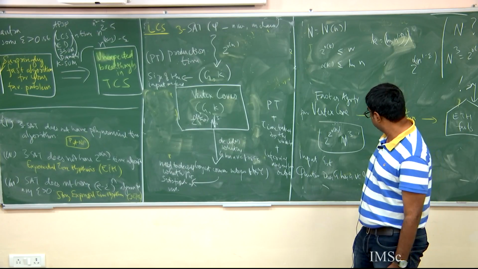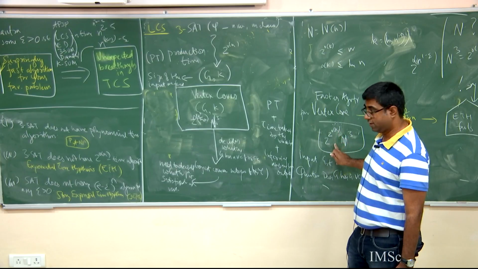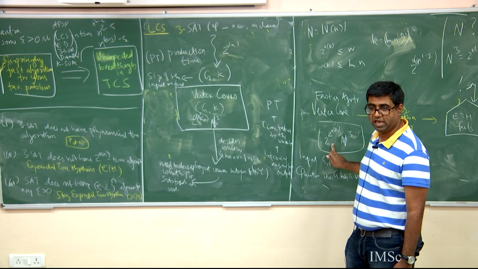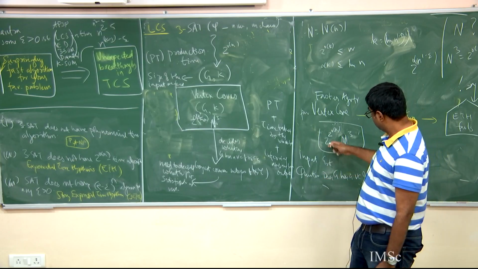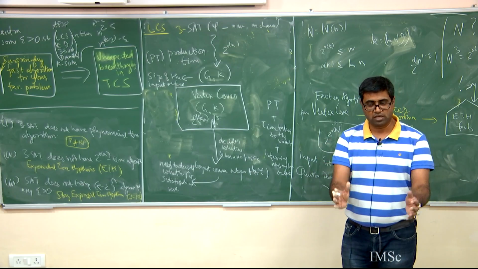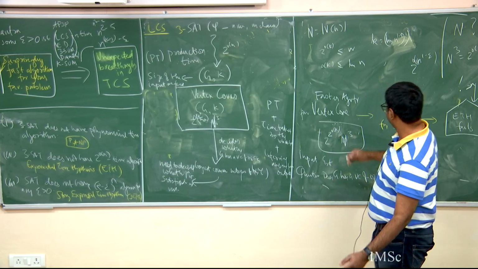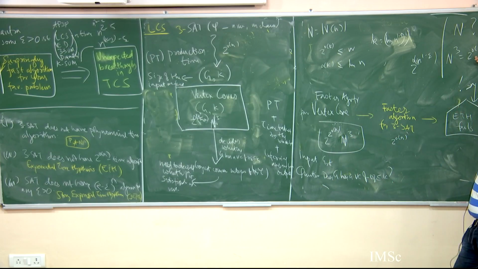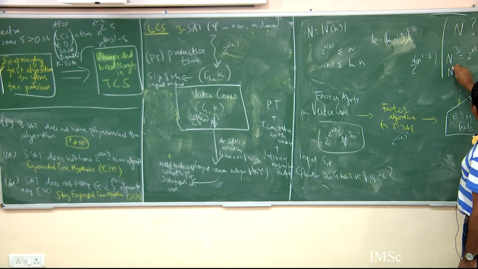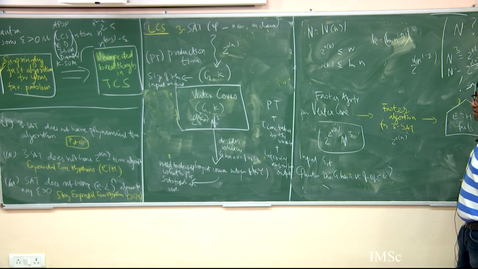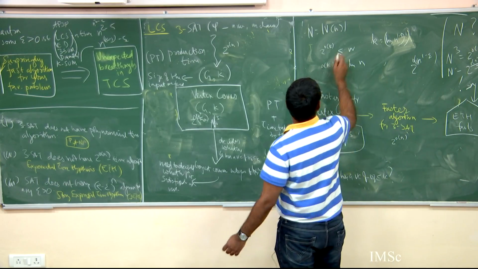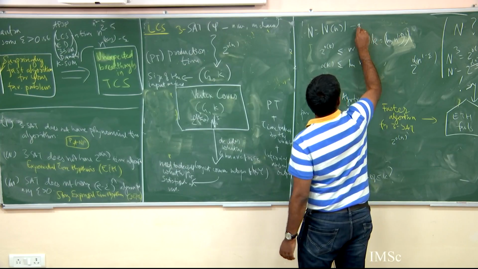Even if I want to rule out 2 to the power little o of k, what can n be? I know that my k has to be something, but what can n cubed be? Well, n cubed should be at most 2 to the power little o of n, which is nothing but n should be 2 to the power little o of n divided by 3, which is still little o of n. So n can be as large as 2 to the power little o of n.